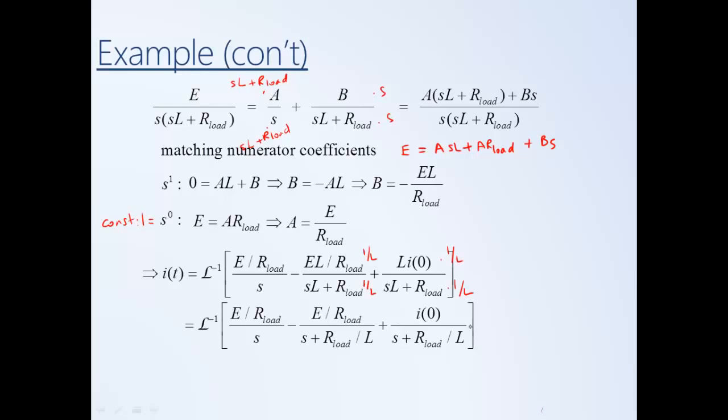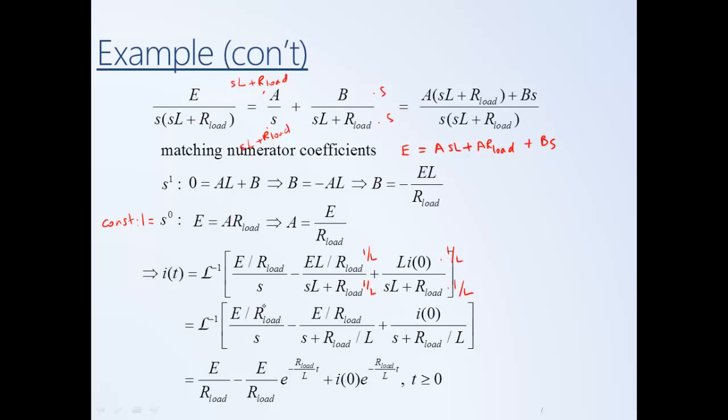Here will also be the same sort of form, S plus A, where this is A, so we will get an e to the minus AT. It's just that the constant's different. So performing that inverse Laplace transform, here's our e to the minus AT multiplying a constant. Here's our e to the minus AT multiplying a constant.